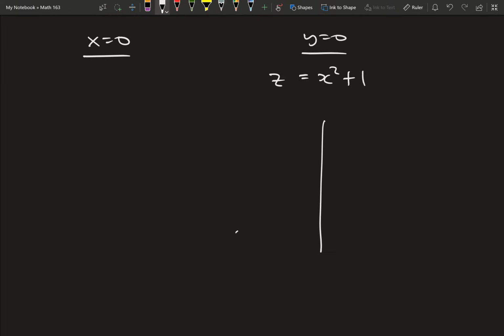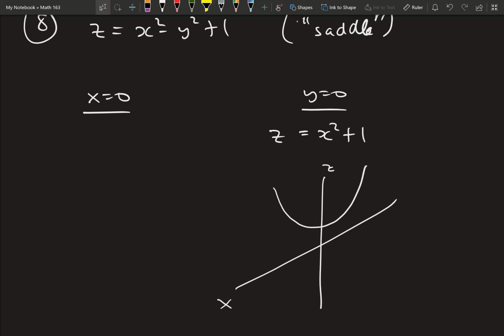So here's z, here's x, and we have a parabola opening upward. That's z equals x squared plus 1. If we set some x values, if x is 0, we get z equals 1 minus y squared. If we set x to be plus or minus 1, we get z equals 2 minus y squared.